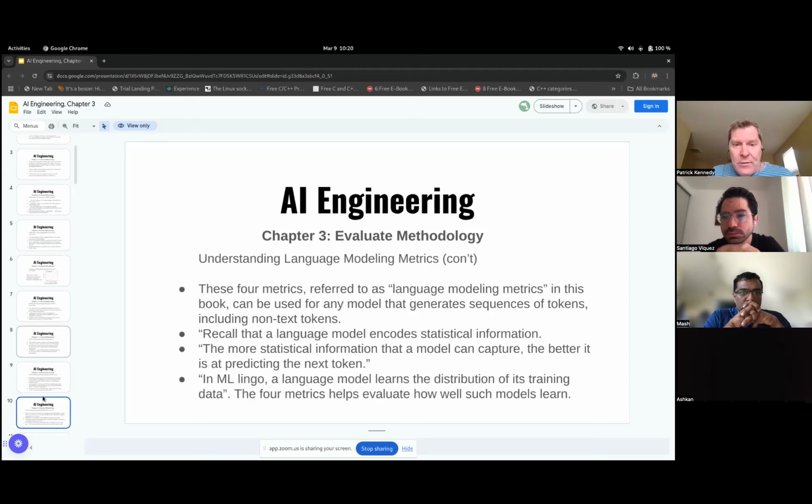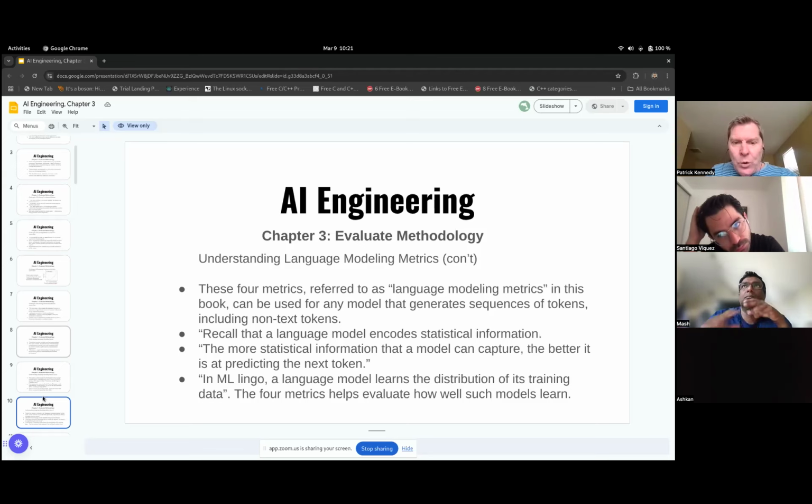The four metrics, referred to as language model metrics in this book, can be used for any model that generates sequences of tokens, including non-text tokens. That latter part refers to multimodal AI models, like image data sets and audio data sets.